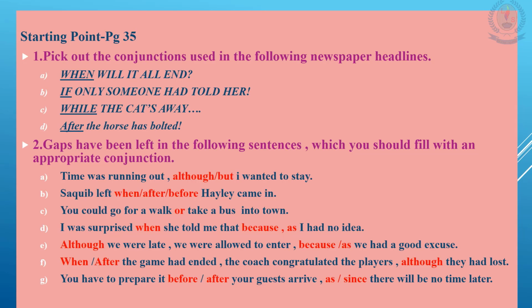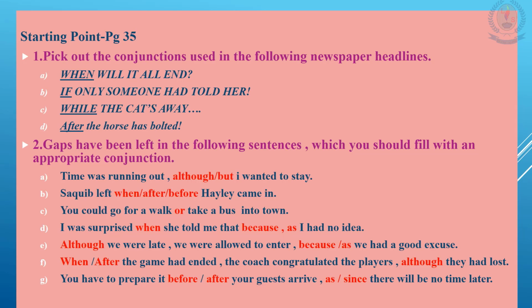Second one, if only someone had told her. Third one, while the cat's away. And the fourth one, after the horse has bolted. The used conjunctions are underlined here: when, if, while and after.